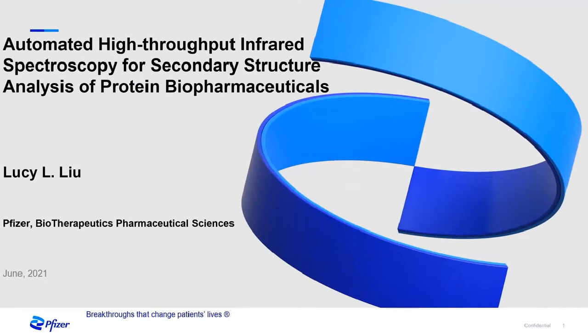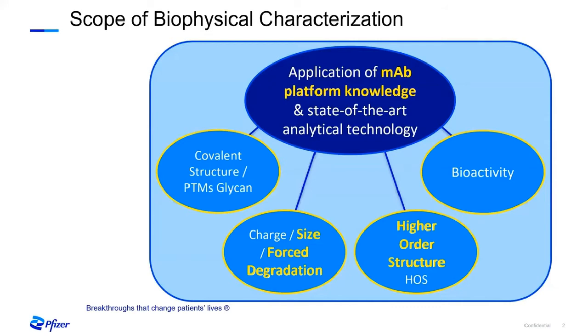Hello, everyone. My topic today is automated high-throughput IR spectroscopy for secondary structure analysis of protein biopharmaceuticals. First, I'd like to set the stage by describing the scope of the biophysical characterization. I listed here how our analytical research and development group organized to apply MAP platform knowledge and the state-of-the-art analytical technology.